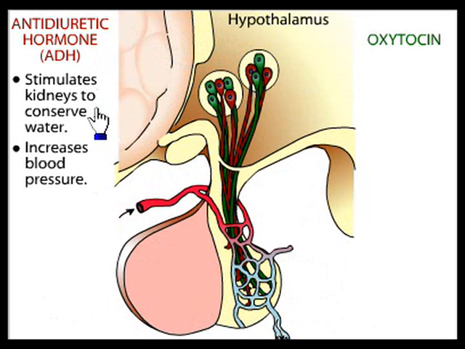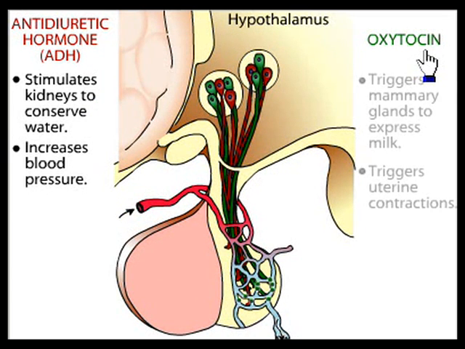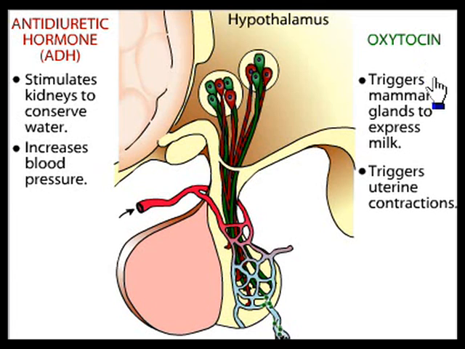This stimulates the kidneys to conserve water and increase the blood pressure, whereas the other hormone is oxytocin. The oxytocin sends its hormone into the posterior pituitary, and that hormone triggers the mammary glands to express milk and triggers uterine contractions in the gravid uterus.